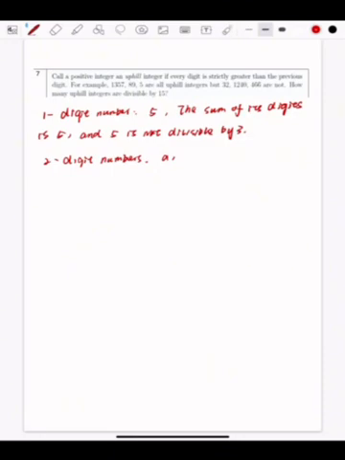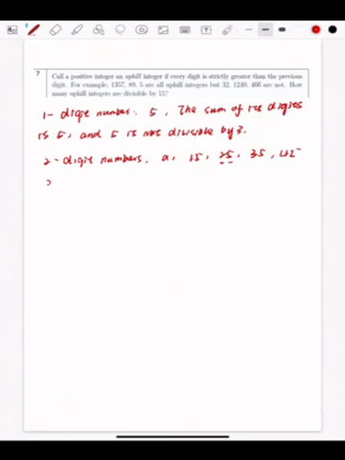And like 25, the sum of it, 2 plus 5, is 7. That is not divisible by 3. And also for 35, the same condition as before, and the last is 45. It is divisible by 3.